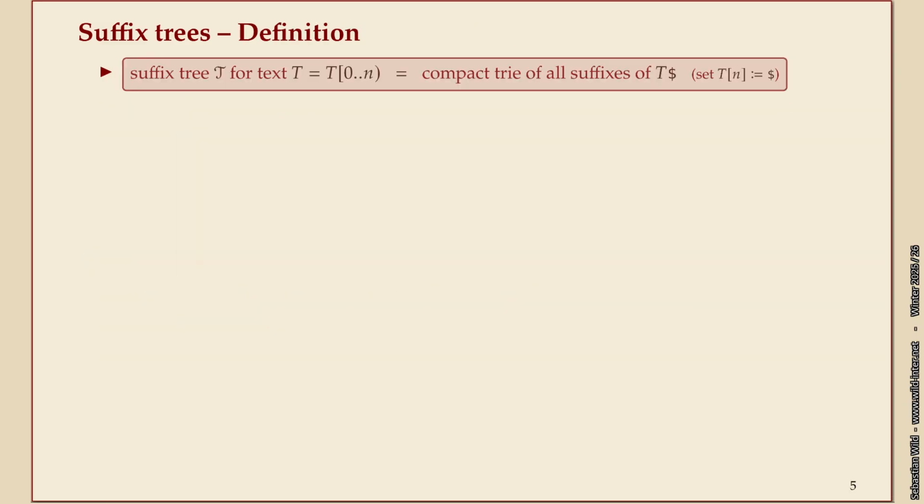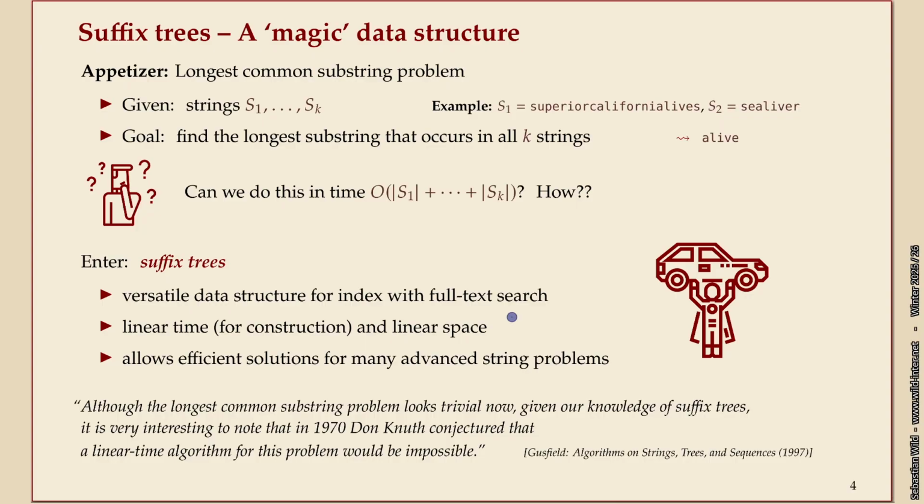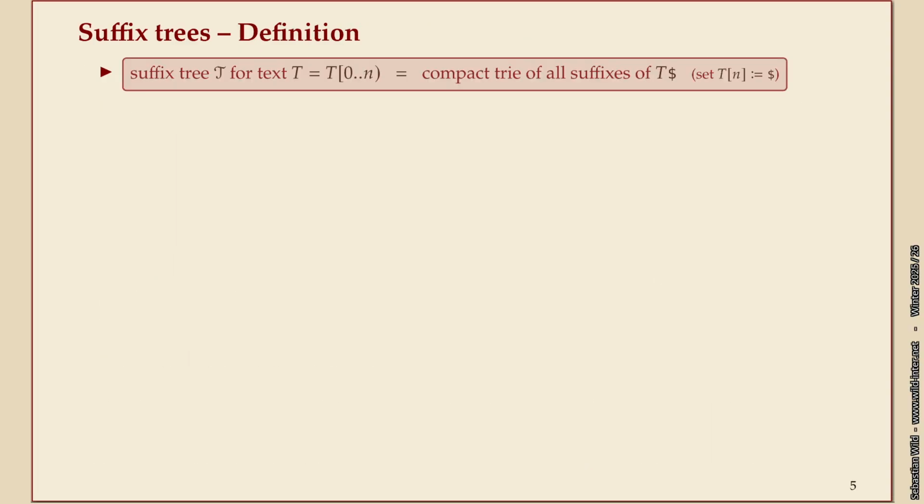So what is the suffix tree? It's actually not a complicated thing to define. The tricky thing is just this part, namely that you can build it quickly. That's the non-trivial bit. A suffix tree is nothing but the compact trie of all suffixes of a text.